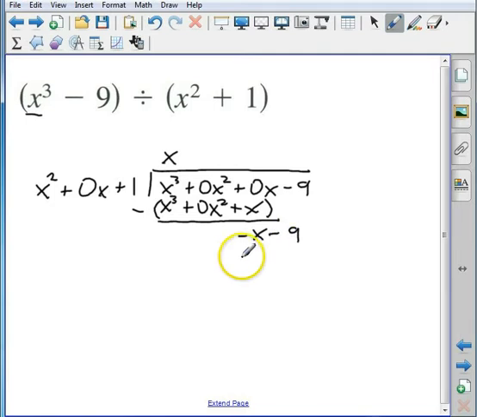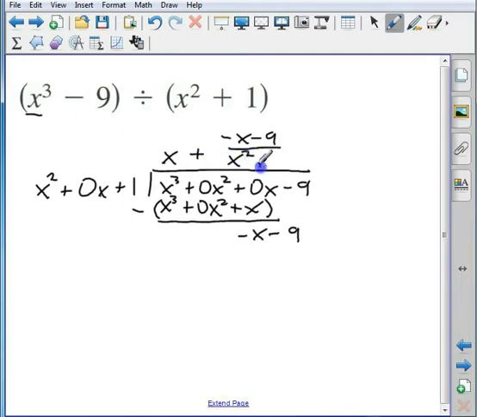Now what do I multiply x squared by to get negative x? Well, I can't do that, so that means this is our remainder. So I'm going to write my answer as the quotient plus the remainder all over the divisor.